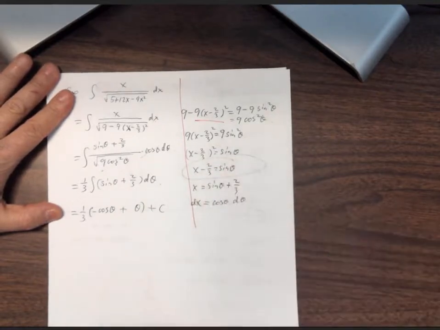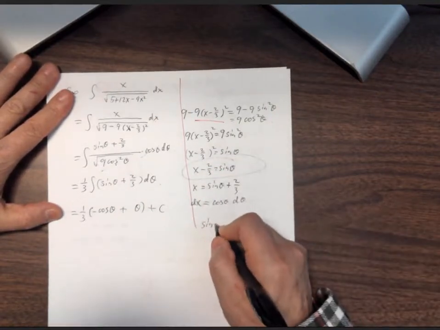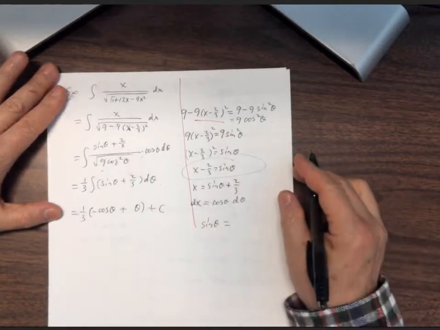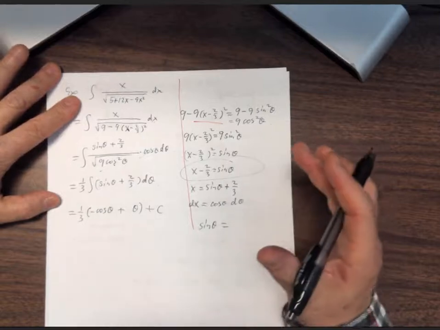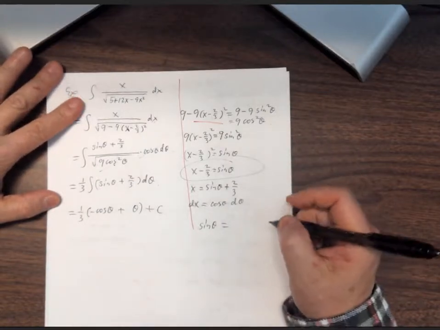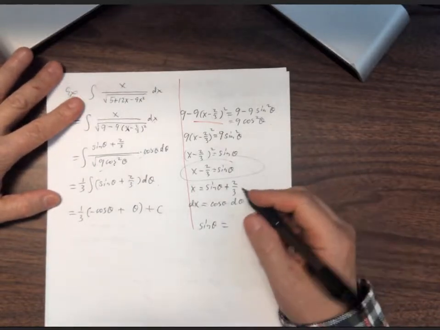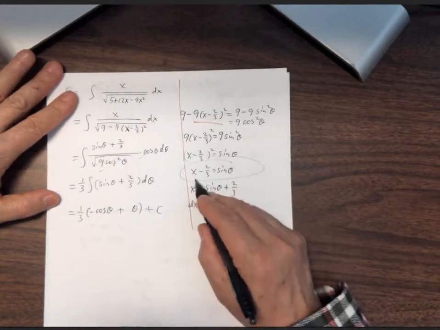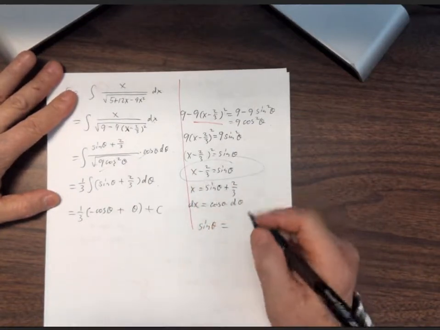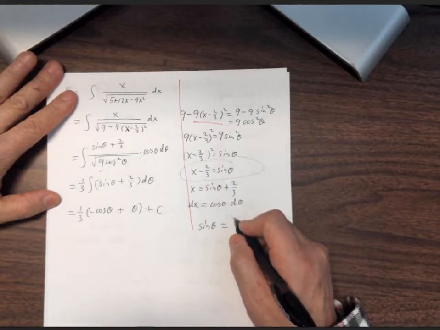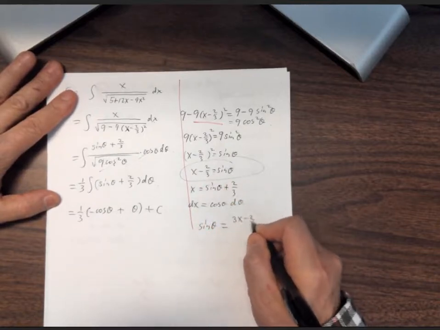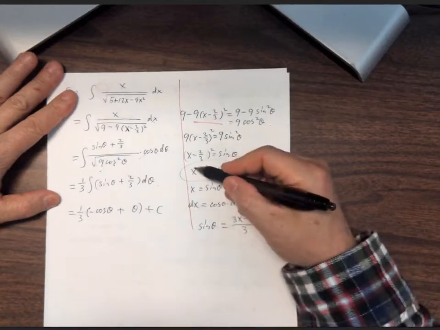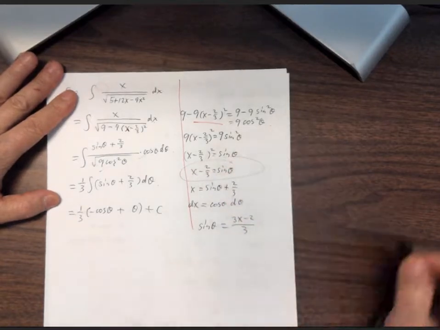This is the sine. Let's write it as a fraction so we can associate the expression with the length of the sides of a triangle. So basically just combine into 1. x minus 2/3 becomes 3x minus 2 over 3. Just multiply top and bottom by 3 and put them together.